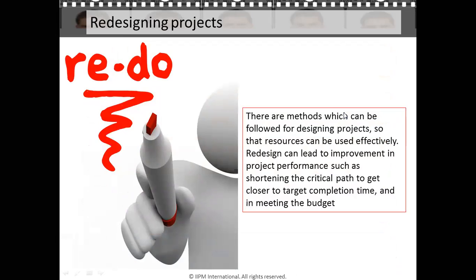There are methods which can be followed for designing projects so that resources can be used effectively. Redesign can lead to improvement in project performance, such as shortening the critical path to get closer to target completion time and meeting the project.